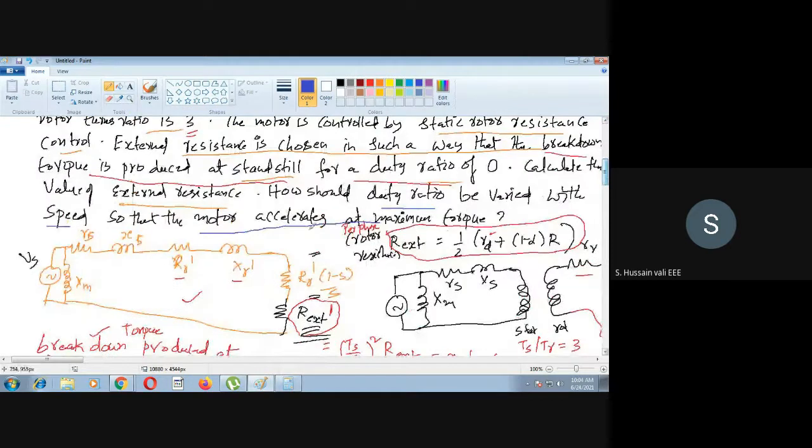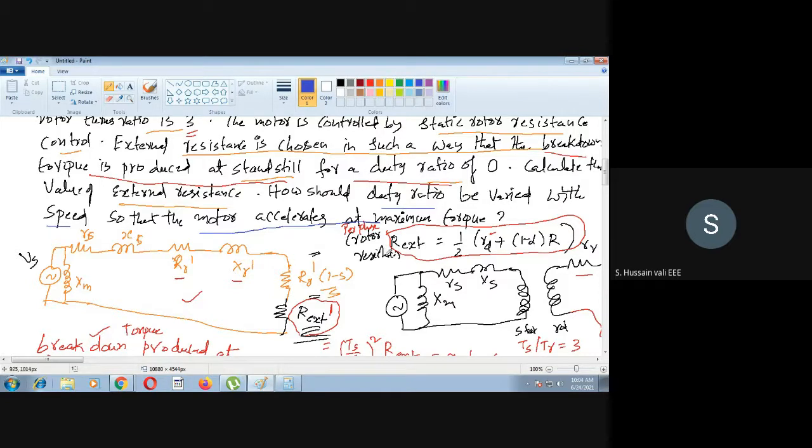You see carefully: how should duty ratio be varied with speed so that the motor accelerates at maximum torque? Motor accelerates at maximum torque, in the sense, what does that mean? It means that the motor has to start at maximum torque. That's the meaning of this statement. So if the motor has to start at the maximum torque, then what should be the relationship between duty ratio and the speed? Okay.